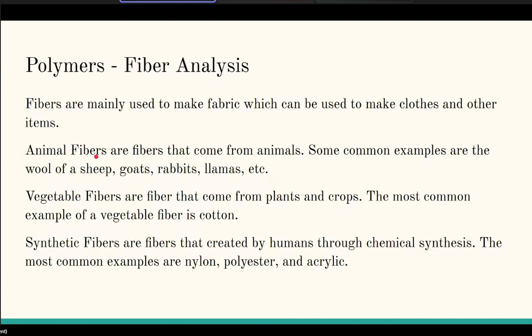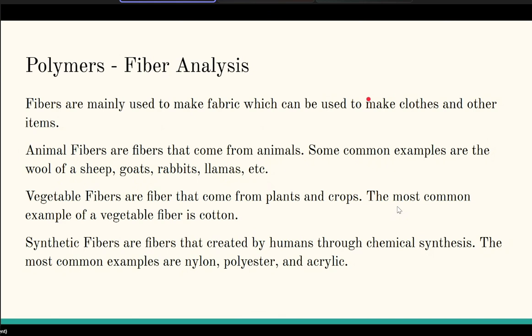Vegetable fibers are stuff that comes from plants and crops. Obviously, the most common example is cotton. And then synthetic fibers are stuff that is artificially created through chemical synthesis. You might have heard of nylon, polyester, and acrylic. Those are all types of synthetic fibers. We could go more into the properties, but you can also conduct burn tests.